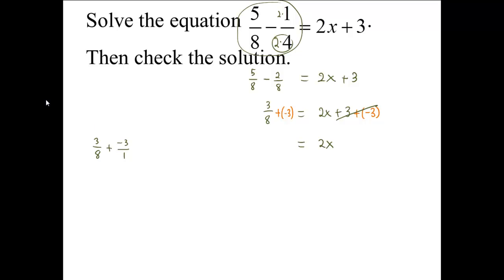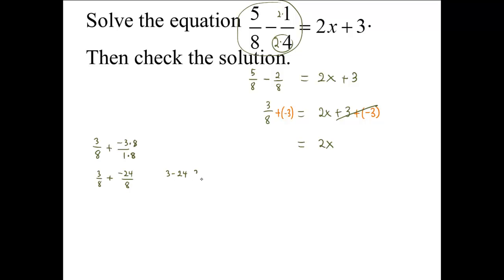The common denominator is 8, so I'll multiply by 8 in the second fraction. So that gives me 3/8 plus -24/8. 3 plus -24. So essentially what I need to do is figure out 3 minus 24.